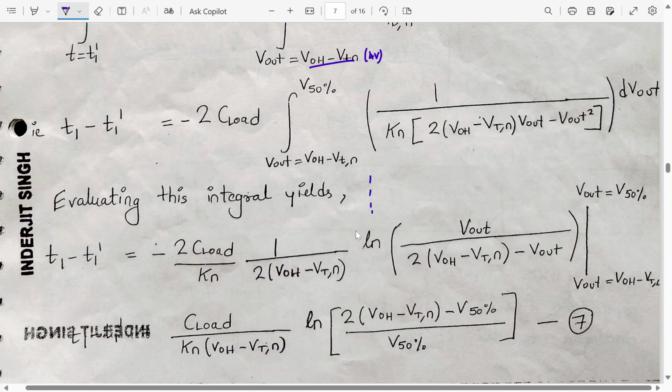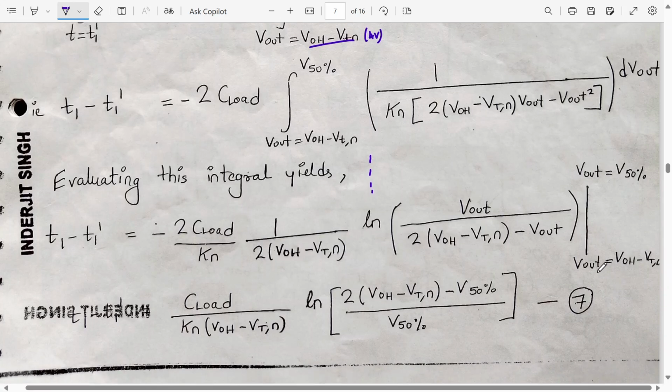Okay, so it will be minus twice C load upon Kn, 1 upon twice VOH minus VTN, natural log of Vout upon twice VOH minus VTN minus Vout. So in this we put the integral limits as Vout equal to VOH minus VTN, and Vout equal to the 50% value.